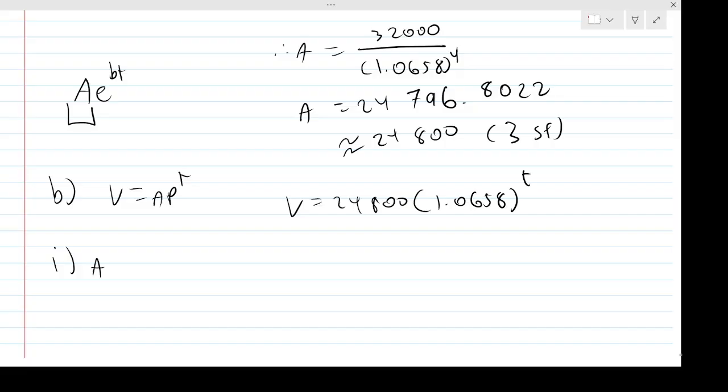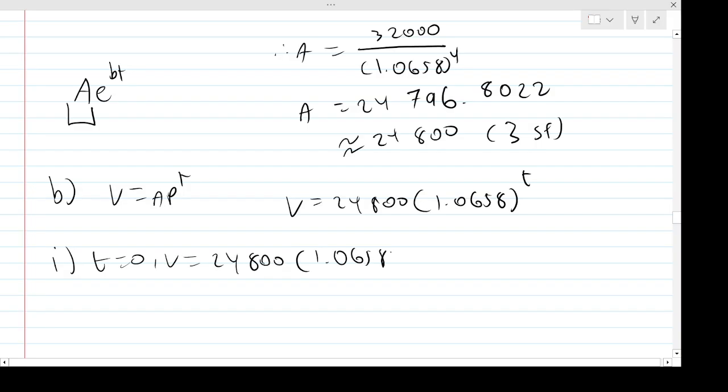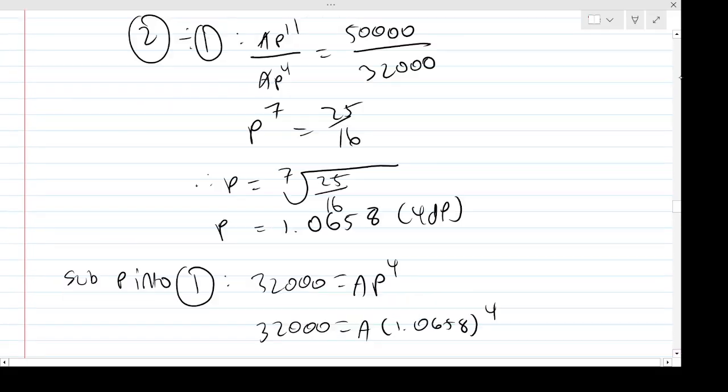If I set t to 0, then V would be 24,800 times 1.0658 to the 0. Anything to the power of 0 is 1, so that is 24,800. So actually, the initial value of V, when t is 0, is A. So A is the initial value of V.